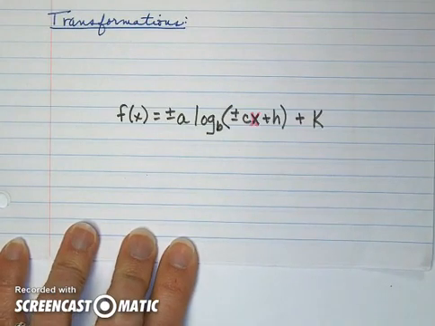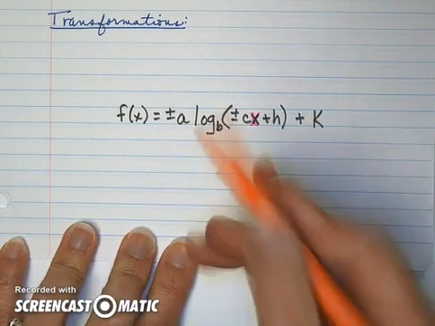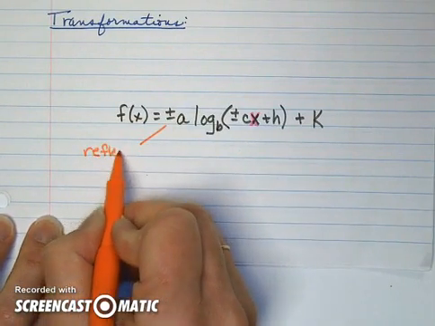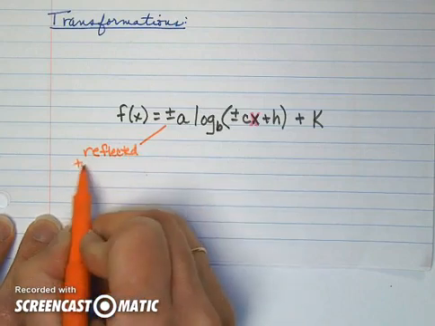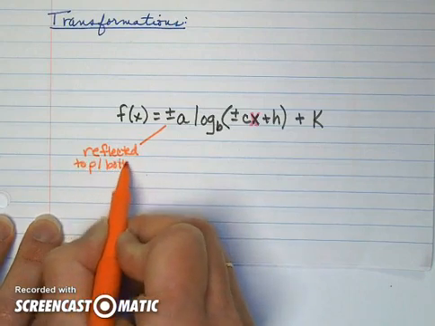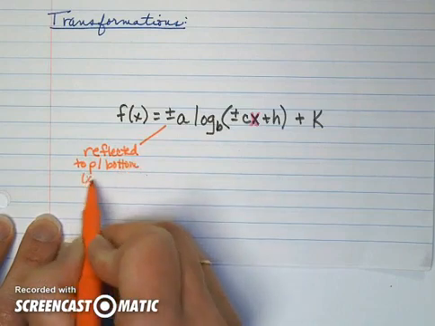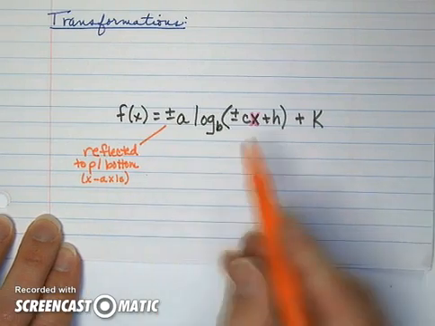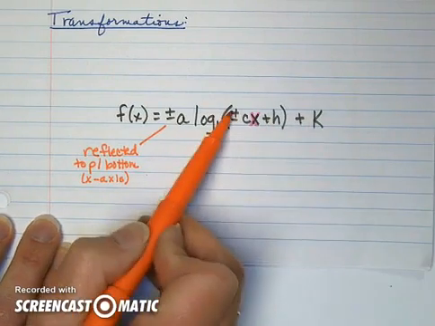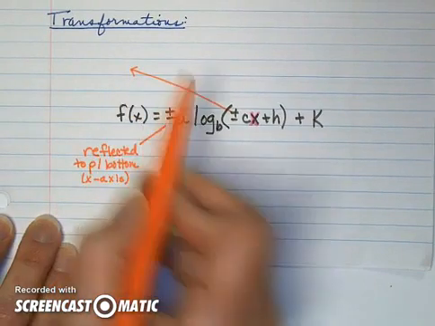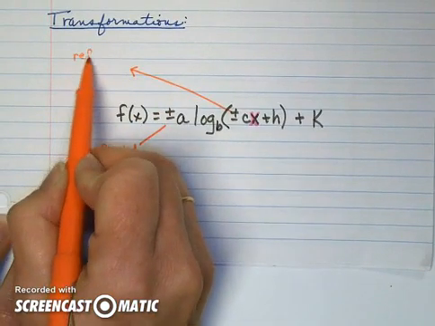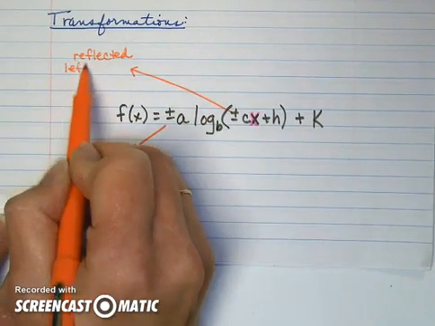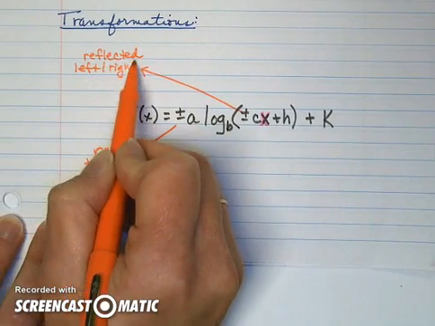If we have a plus or minus in the very front, that means that we are reflected top and bottom, over the x-axis. And sometimes it'll be over a different line, but it's reflected top to bottom. This particular plus or minus, remember what that one did? That one reflected left and right over the y-axis.